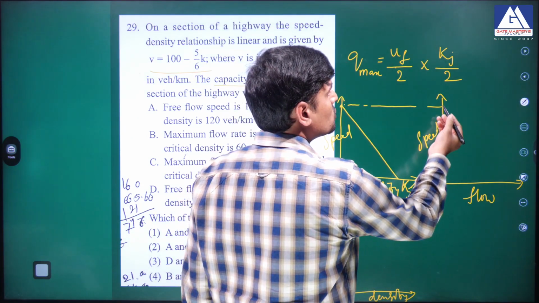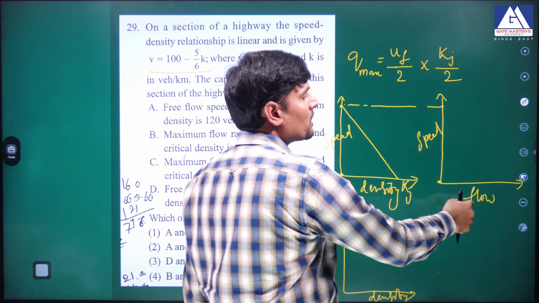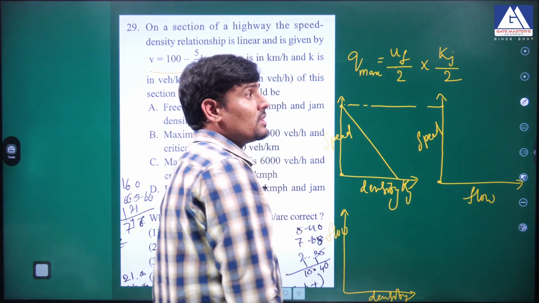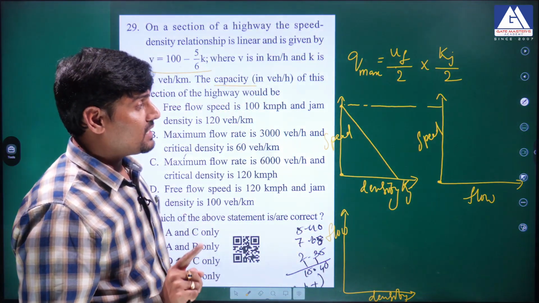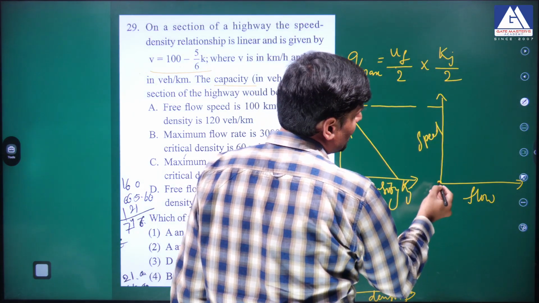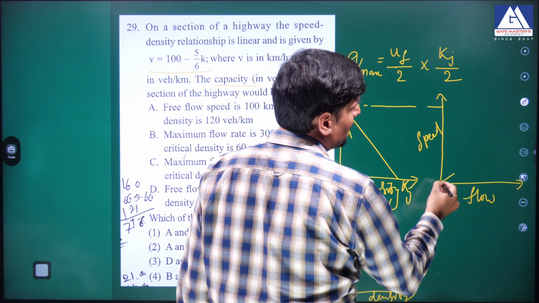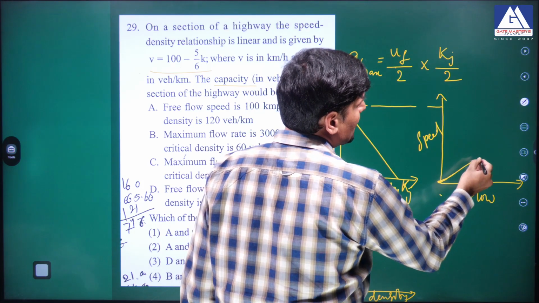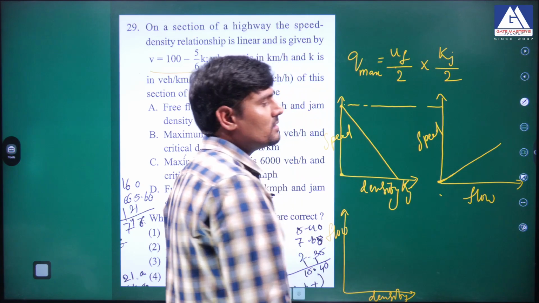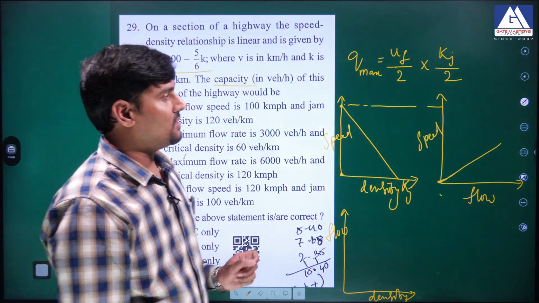When the speed is so high, that means free flow, during that time also flow can be 0, that means during the midnight time, ideally. So if the speed is increasing, the flow, the number of vehicles passing through the section, is also going to increase, and that can also happen to some extent.